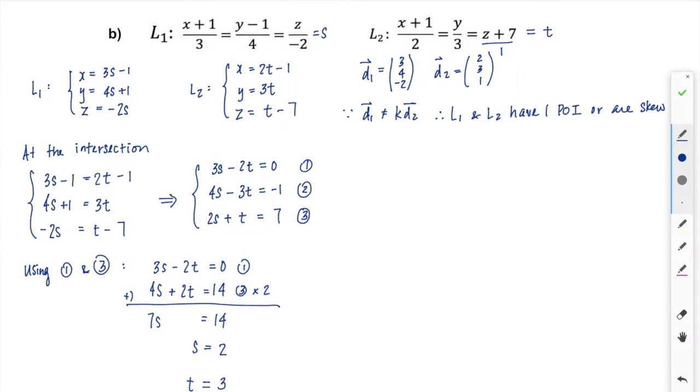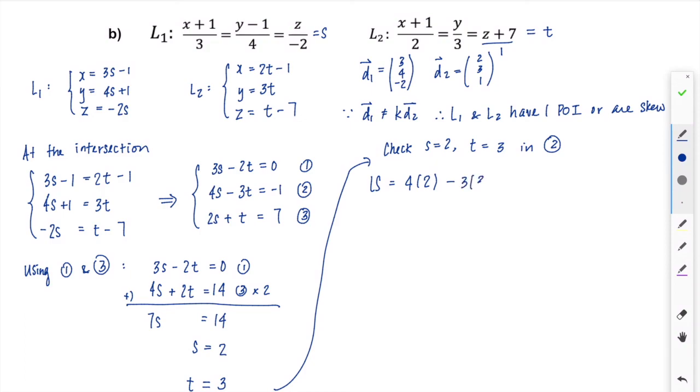All right. Now, because we used equations 1 and 3, you got to check s equals 2, t equals 3 in which equation? Equation 2, right. So left side of equation 2, 4 times 2 minus 3 times 3.